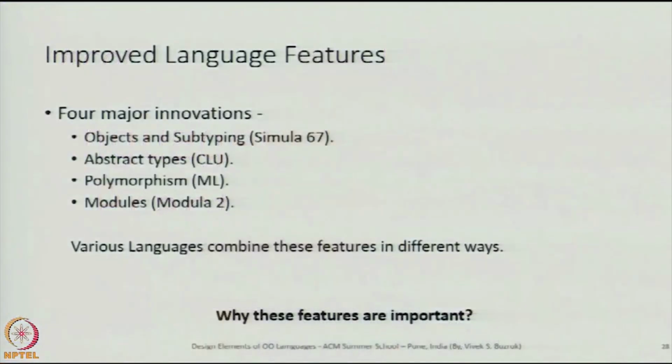We want to represent real world objects. If I have to do a simulation, let us say, I should be able to represent the real world objects, and then define abstractions for those real world objects. Okay. I need to write generic algorithms which can be applicable for different types of inputs.